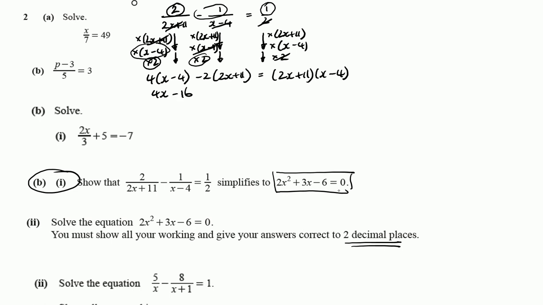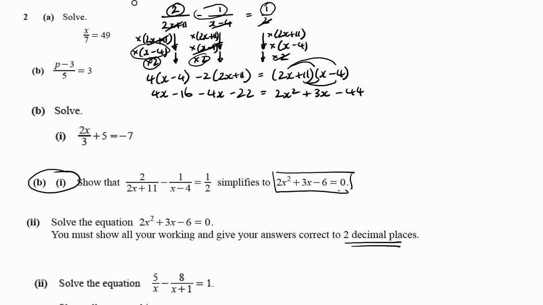Now over here we have minus 2 times 2x, which is minus 4x, and minus 2 times 11, minus 22. Make sure you keep on following the impact of that minus sign. Over here we have 4 multiplications to do. 2x with x, 2x with minus 4, x with 11, and 11 with minus 4. Altogether that's going to give me 2x squared, minus 8x plus 11x is plus 3x, and then minus 44.